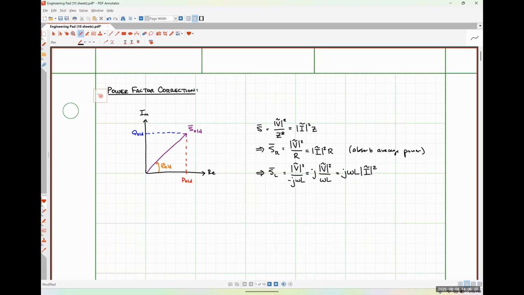So we can see that the complex power absorbed by an inductor is always purely imaginary. So there's only reactive power, and it's always positive. So inductors' job from a complex power perspective is to absorb reactive power. Okay.